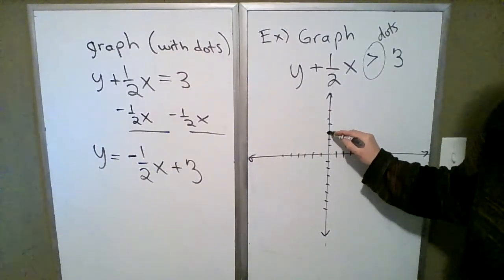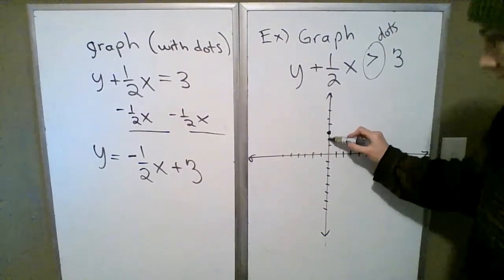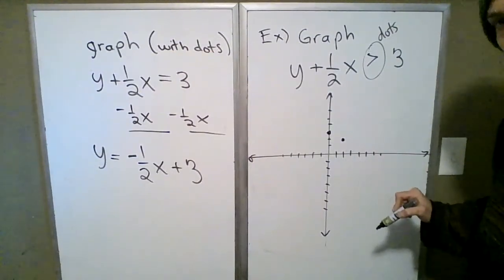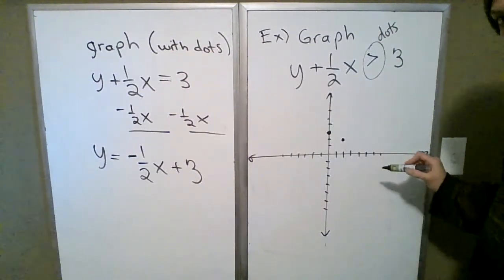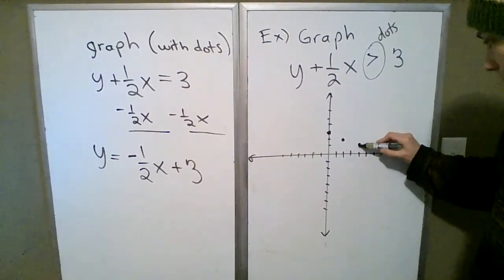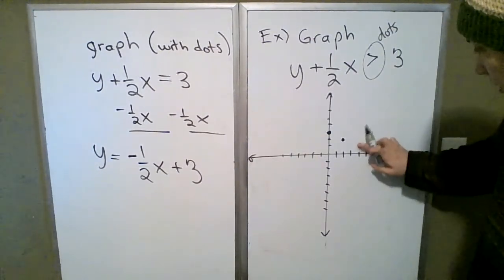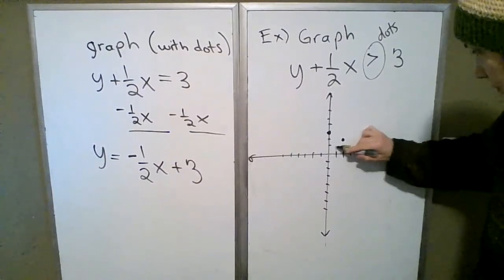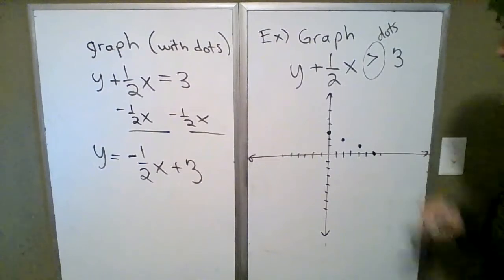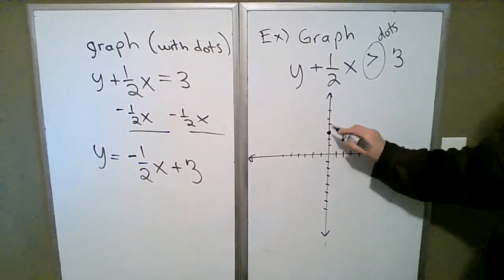And with the slope of negative 1/2, I want to go down 1 and to the right 2. Let's do that again. Down 1, right 2. Do one more time. Down 1 more and over 2. And then the line through this is going to be dotted or dashed.